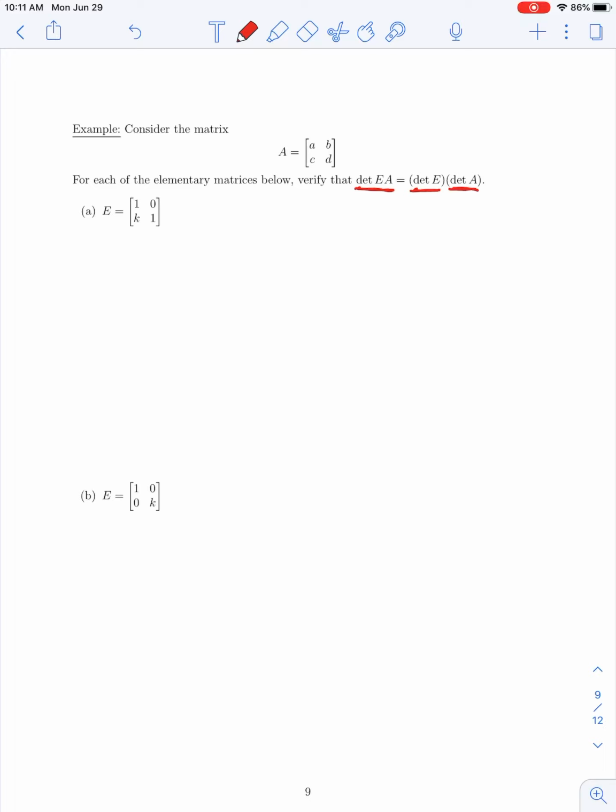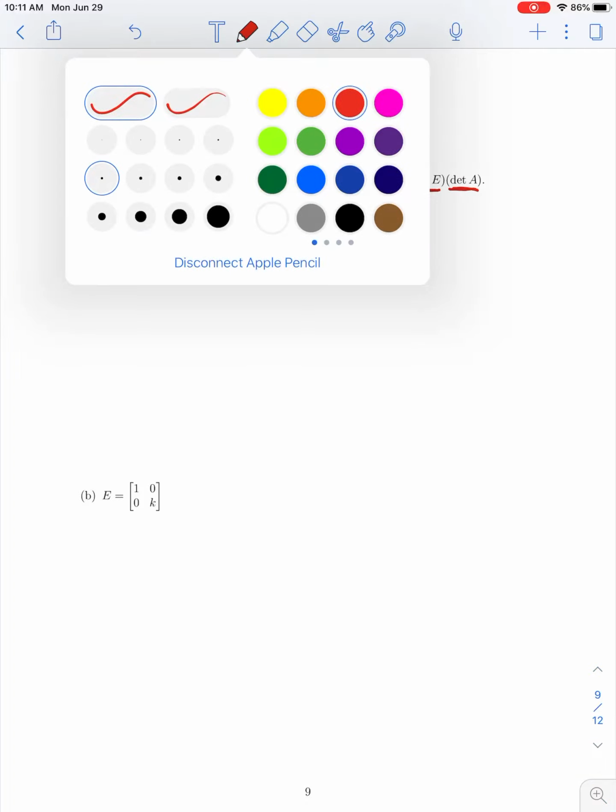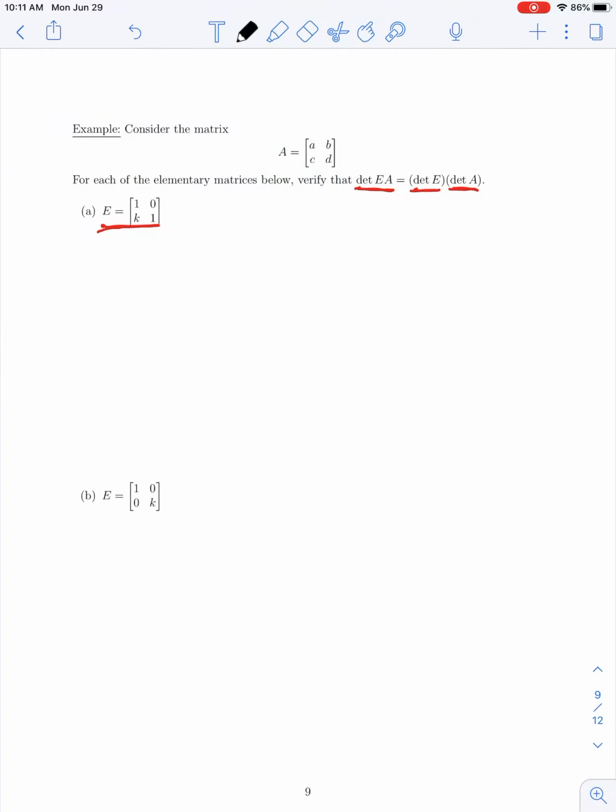All right. So in this example, part A, we have the matrix E, which is formed from the identity by adding k times the first row to the second row. So let's look at the product of E times A. Here, E times A is the product of [1, 0; k, 1] times A, which was [a, b; c, d].